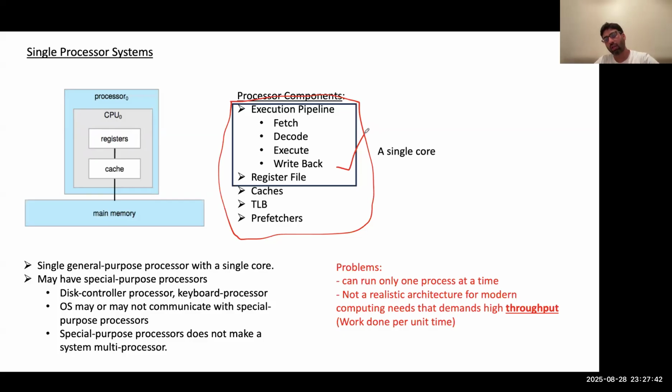So for example, if I want to do more work in a given amount of time, then I need to have more workers who are working at the same time, right? So if I have only one worker, my throughput will be low as compared to the case where I have 10 workers. That is also true when it comes to computers.